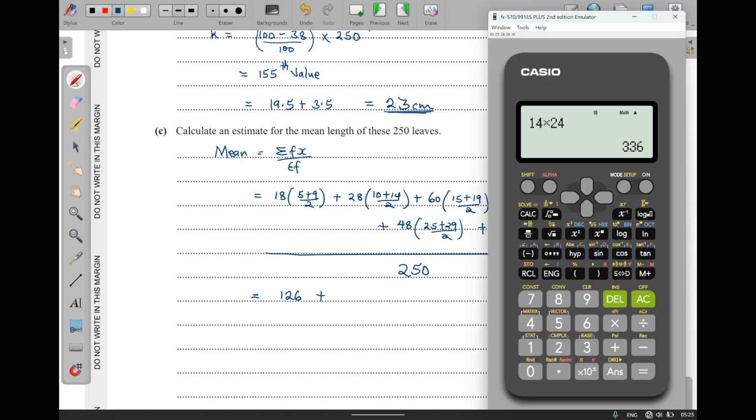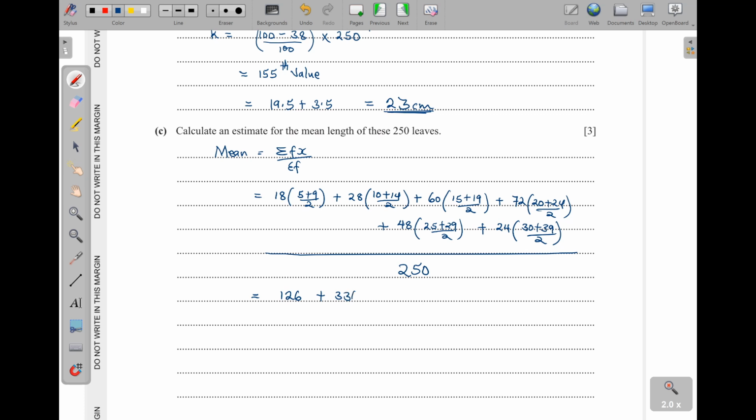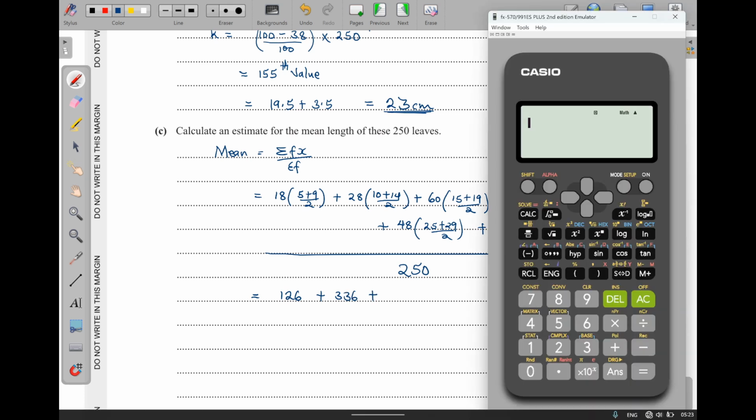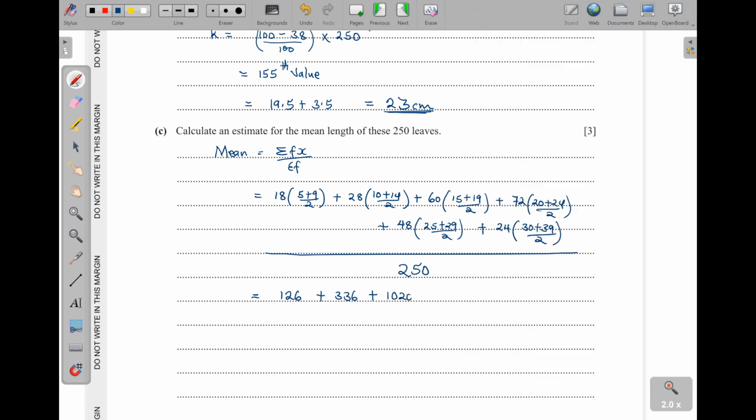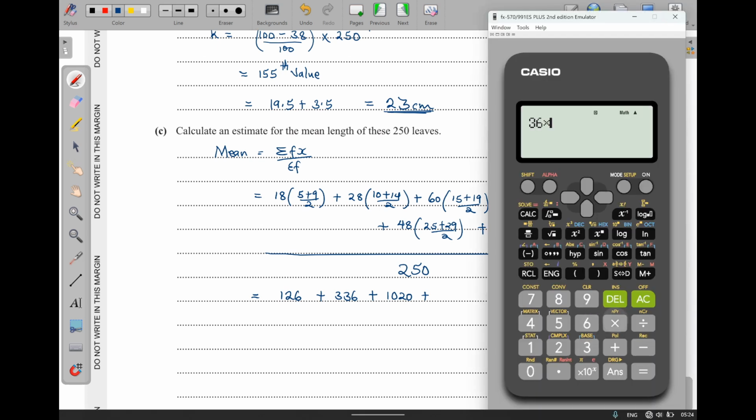That one gives us 336. Then the next one, that will be 30, because 60 divided by 2 is 30, then 15 plus 19, that is 1020. The next one, 72 divided by 2, that is 36, then times 44. 36 times 44, that is 1584.